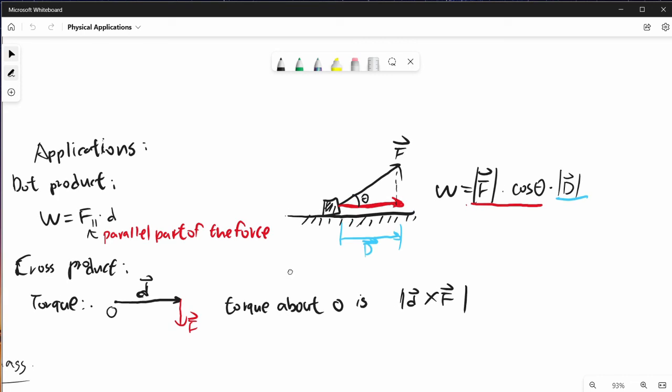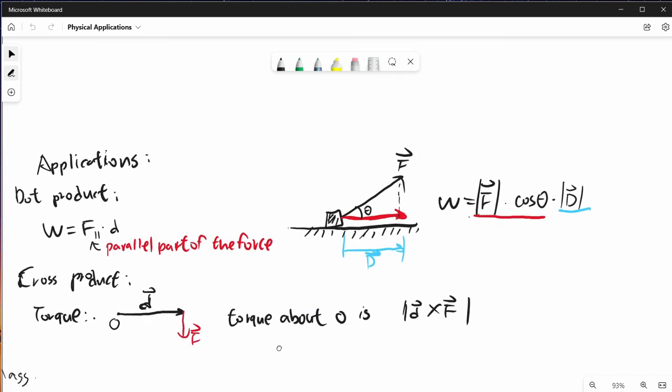For the cross product, you can think of it as relating to torque. The general torque equation is force times distance times sine theta, which is the angle in between those, and that is basically just the cross product.